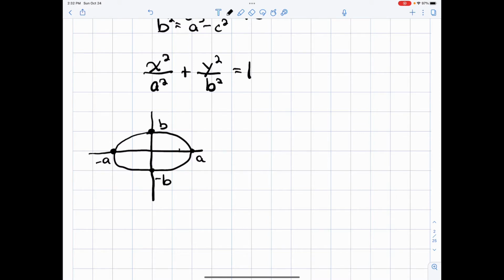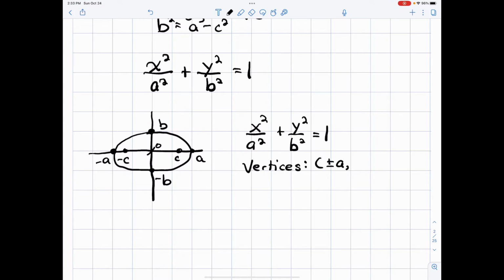Your foci have to be on the major axis, and then this is at 0, 0. If this is centered at the origin, the equation is x squared over a squared plus y squared over b squared equals 1. So the vertices in this case are at plus or minus a comma 0. So a, 0 and negative a, 0.